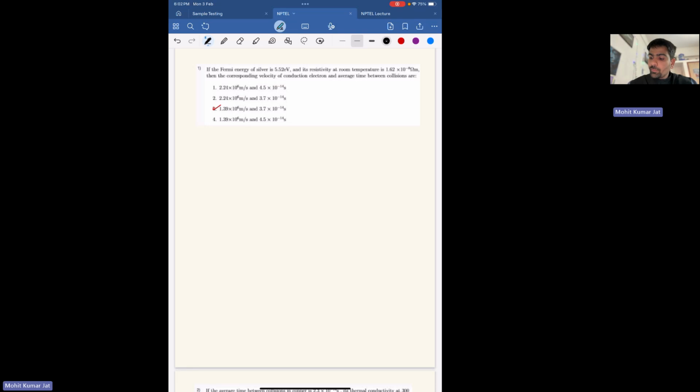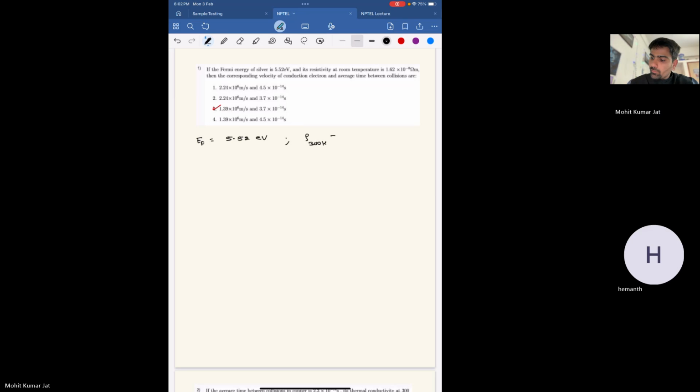that if the Fermi energy of silver, EF, is given as 5.52 eV, electron volts, and its resistivity at room temperature, so rho at 300 Kelvin, is given as 1.62 times 10 power minus 8 ohm meter.